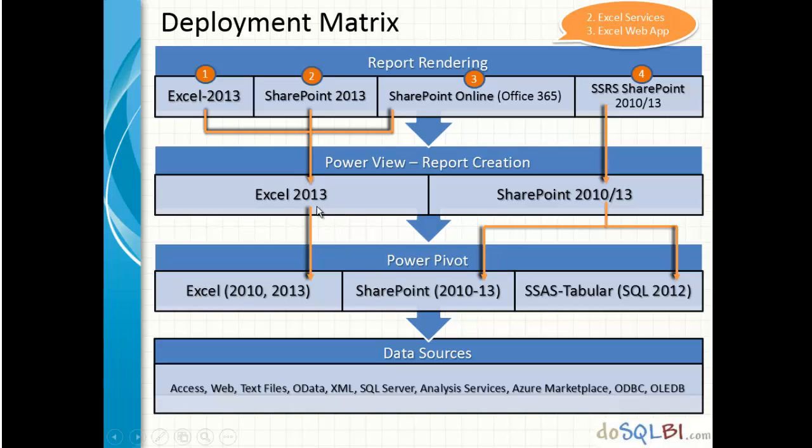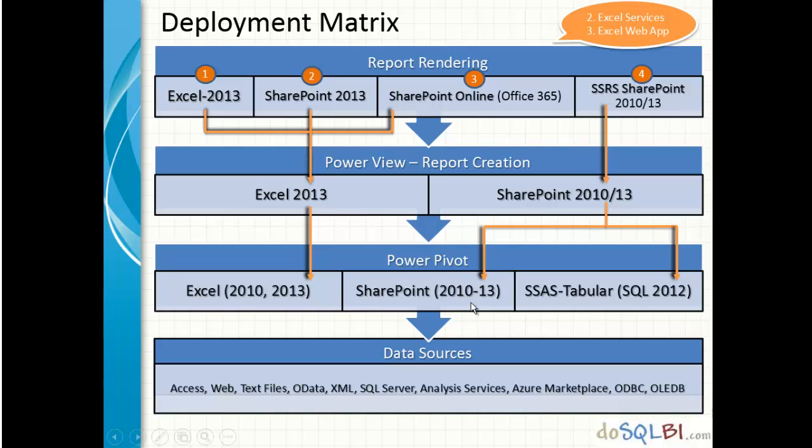So what we just saw is this Excel workbook we had seen during our walkthrough when we simply opened the Excel file, which is option 1, and then we saw this deployed on SharePoint 2013, and we could see those reports where Excel Services on SharePoint 2013 renders this, and then we deployed the same Excel file to SharePoint Online Office 365, and Excel web app is rendering the Power View and Power Pivot report there.